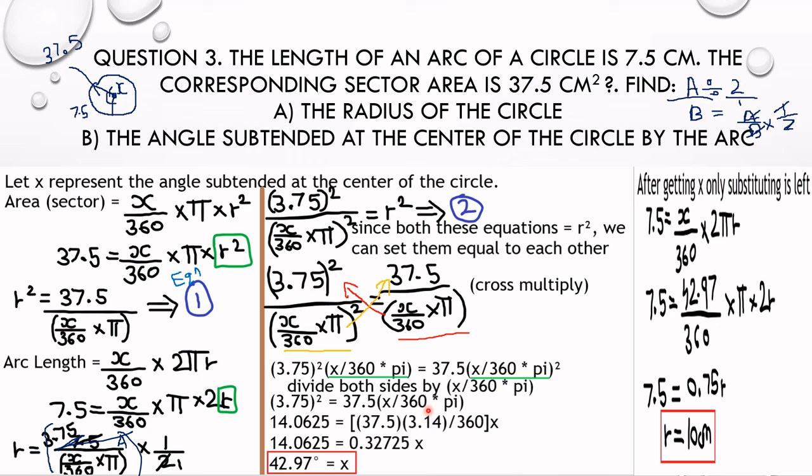Now 3.75 square, you square it, you get 14.1. And over here I can take x out, with pi as 3.14 into 360. I will perform this calculation if you want to. If I write it, you'll understand easily.